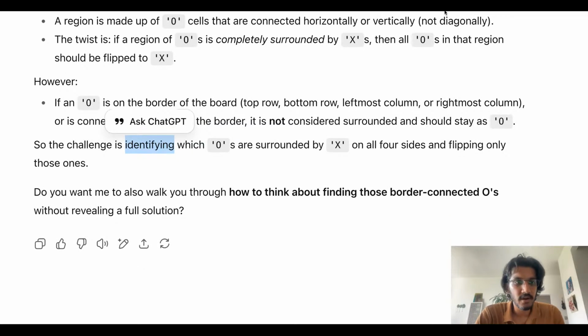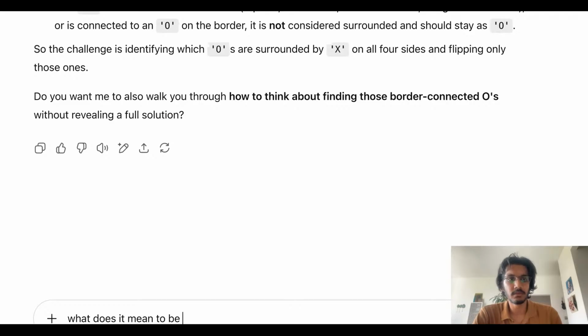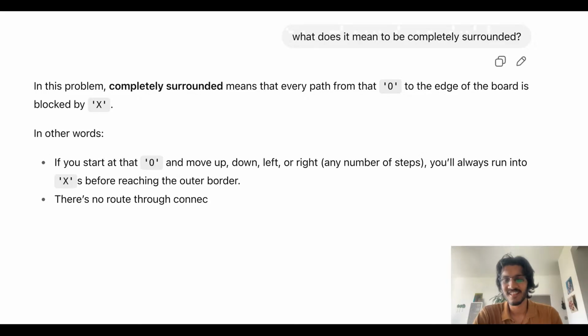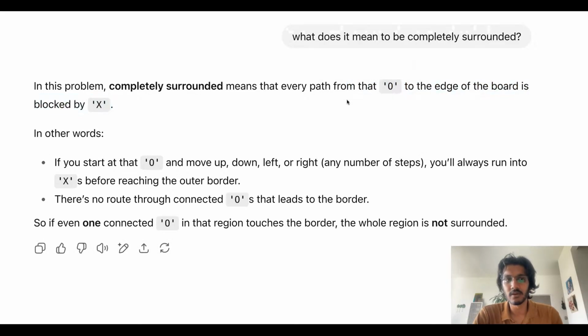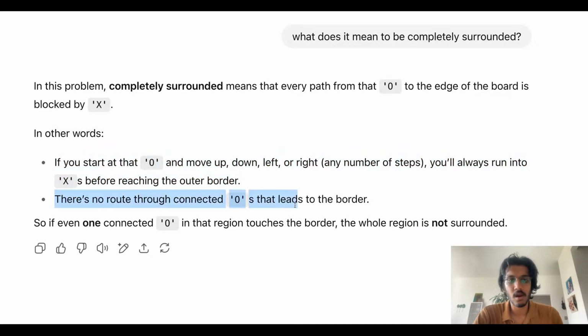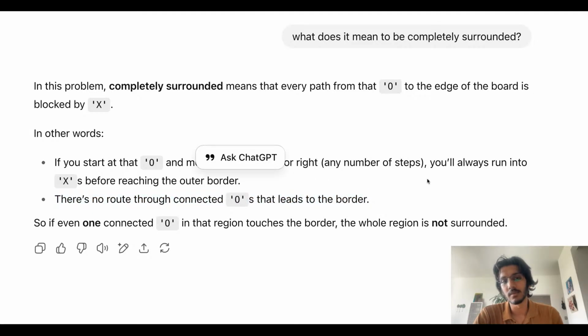I see. So 4-directionally. Oh, I see. So it doesn't just have to be a square. It could be any shape. What does it mean to be completely surrounded? Every path from that 0 to the edge of the board is blocked by X. As far as you move up, down, left, or right, you'll always run into X's before reaching the outer border. There's no route through connected zeros that leads to the border. Got it.